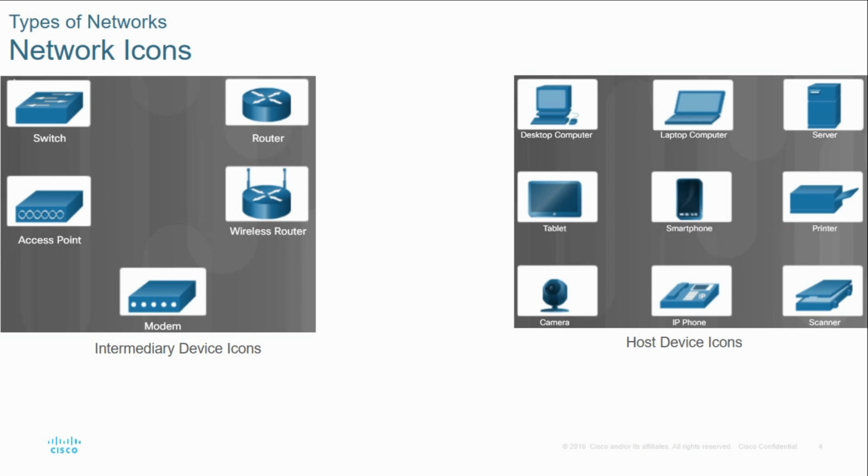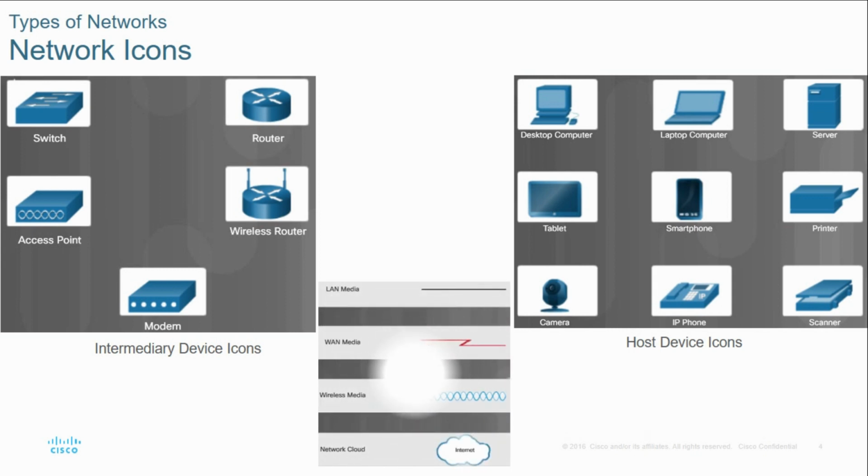Example of these devices are routers, switches, access points, and modems, which we will be discussing in a while. Lastly, we have the different networking media. This is considered as the road or pathway for our data to use to travel from source to destination.